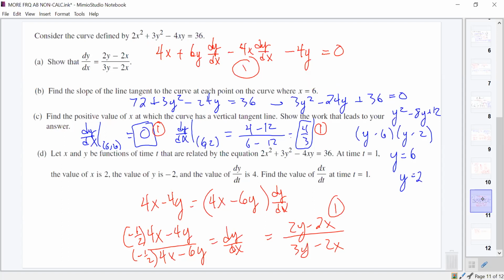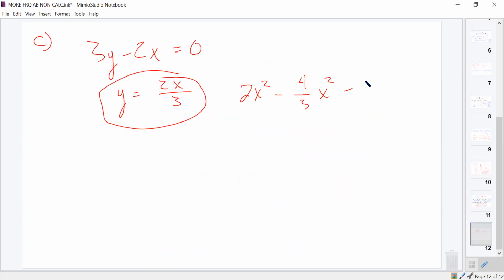And then minus 4xy, like we just said, y is 2/3 x, so that ought to be minus 8/3 x squared, equals 36. We got 2x squared minus 4/3 x squared minus 8/3 x squared.